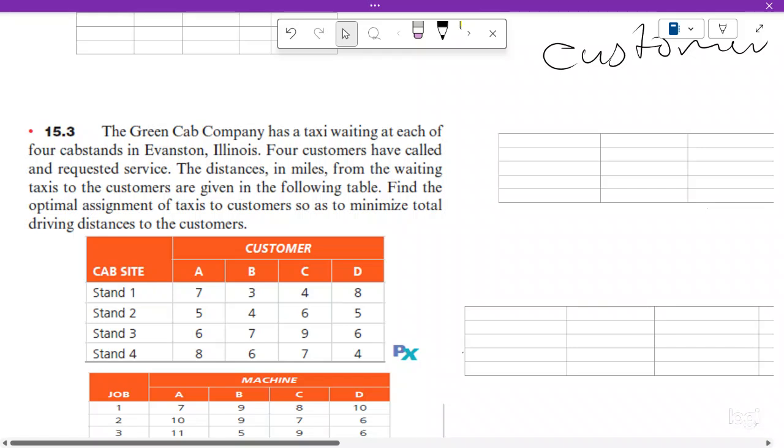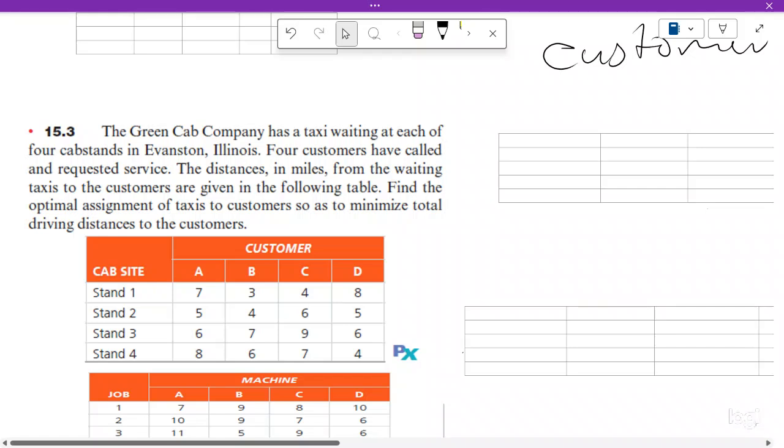So, the Green Cab company has a taxi waiting at each of 4 cab stands in Everston. Four customers have called the request service. The distance in miles from the waiting taxis to the customers is given in the following table.